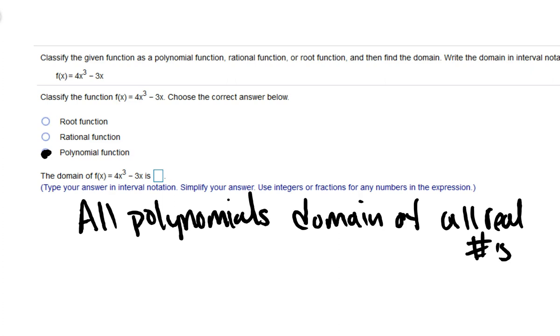Once you know you have a polynomial function, you know that any value of x can be substituted in, and we write that the domain is from -infinity to infinity. That is saying that all values of x can be substituted into this function from -infinity to infinity.